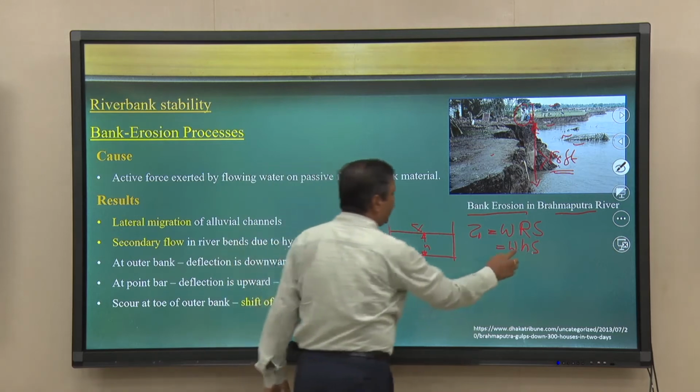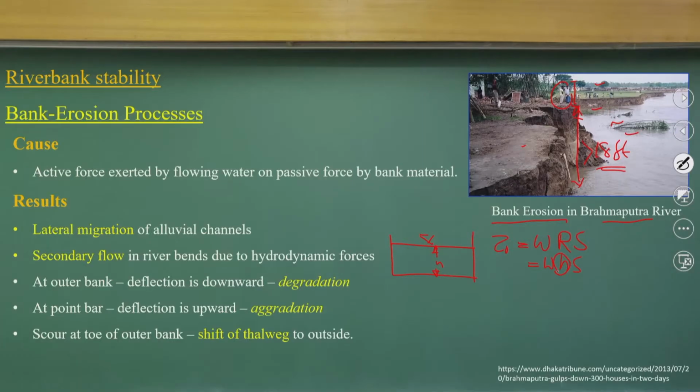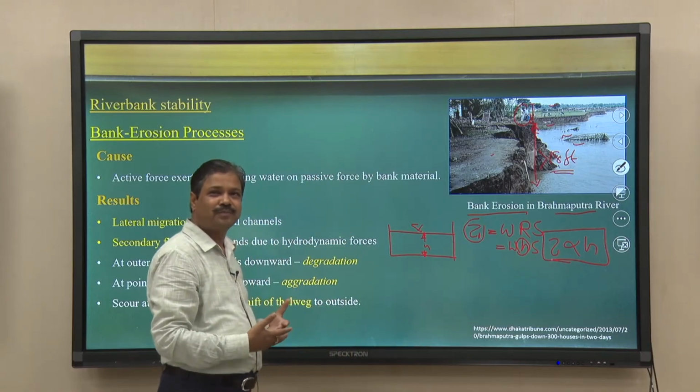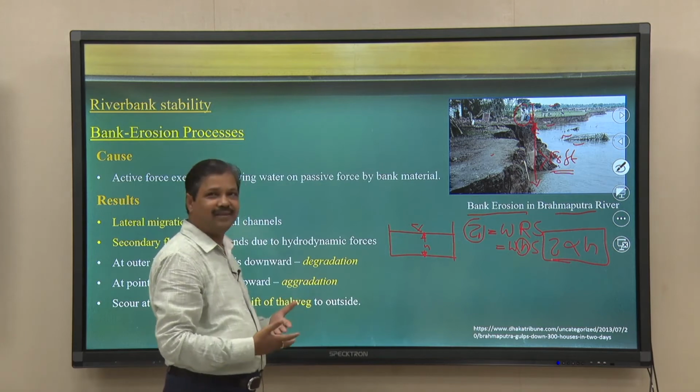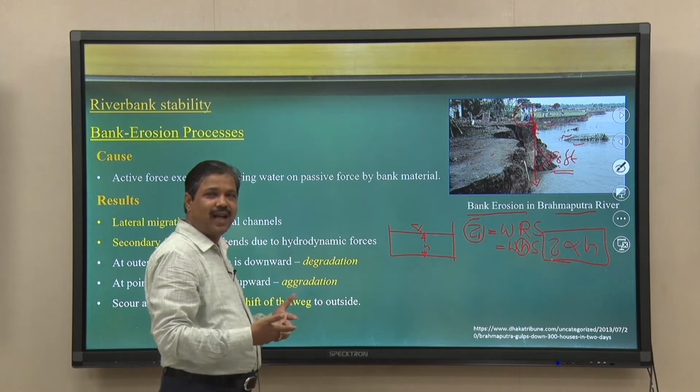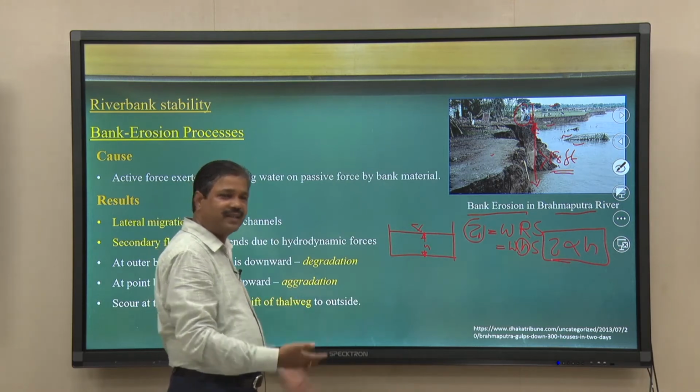As H increases, the shear stress increases. That is the proportionality. So the shear stress acting on the bed is proportional to the flow depth. The higher the flow depth, the more the shear stress acting on the bed, or average shear stress.